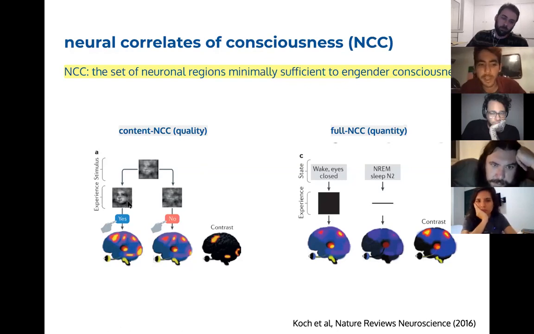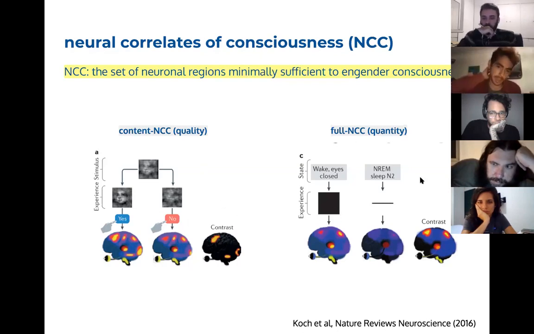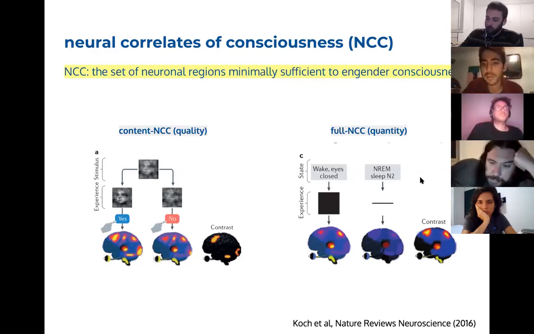The person will tell you, and then you separate the trials between when you see it and when you don't, and then you look at the difference. Presumably this difference in activation is correlated with consciousness, so it's considered a neural correlate of consciousness. And the same is done with the difference between global states of consciousness and unconsciousness, like contrasting wake and sleep.